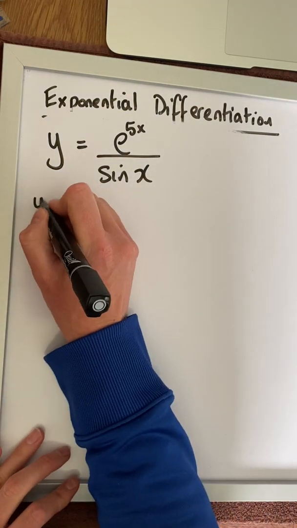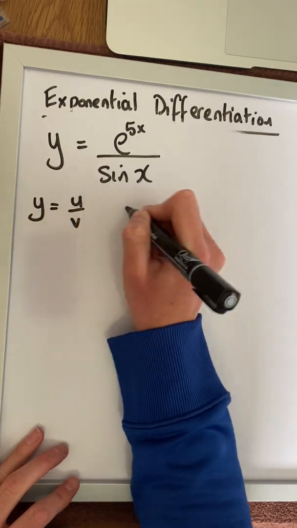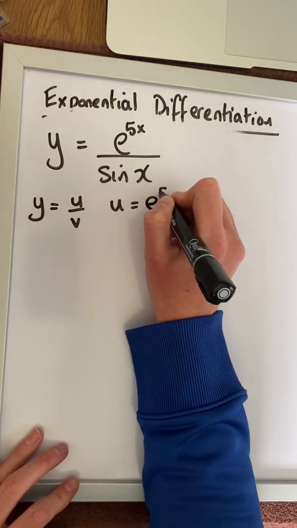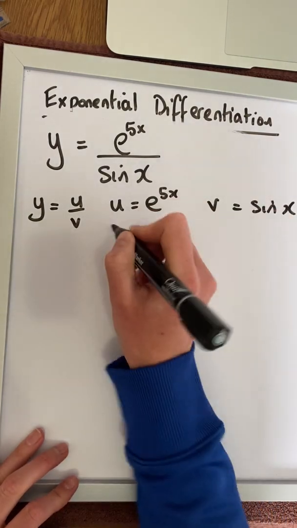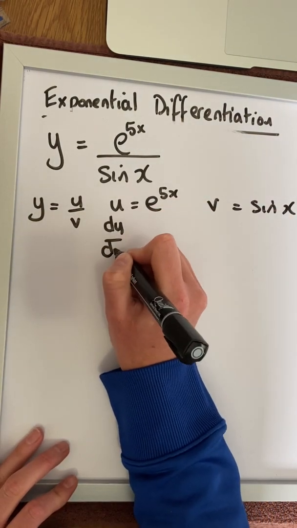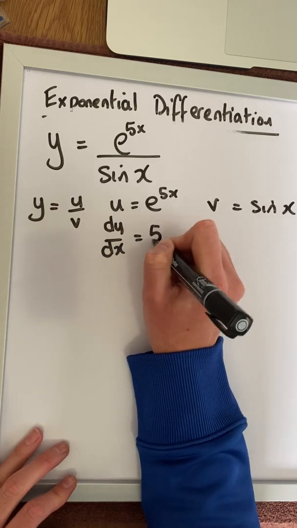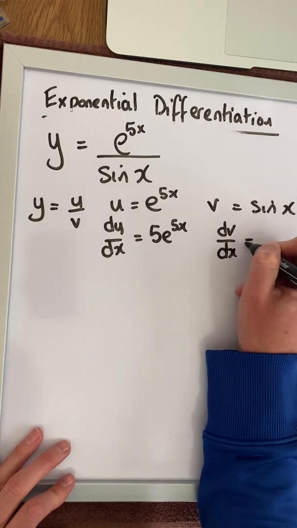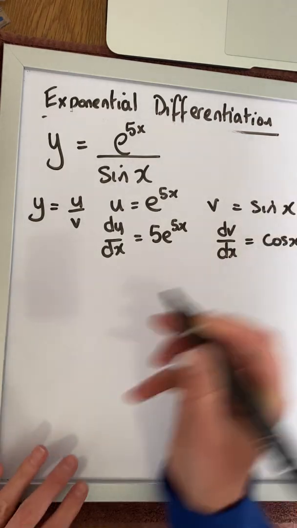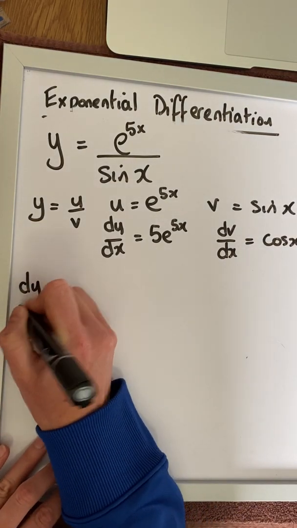So we start off by saying y is equal to u over v, where u is equal to e to the power of 5x and v is equal to sine x. We differentiate both separately. du dx is 5e to the power of 5x, dv dx is cos x, and then we apply our quotient rule.